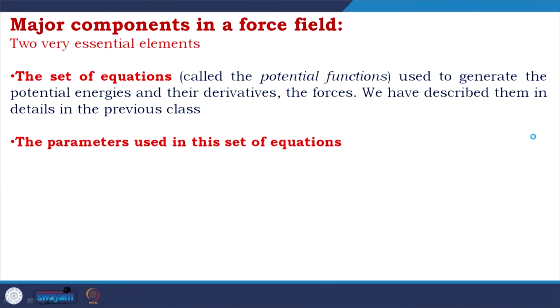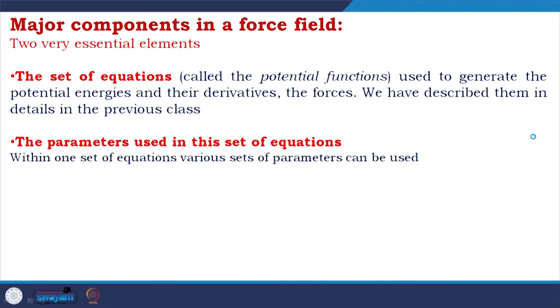They are the same, but their contribution factors, constants are changing according to the theory people have developed, and these are the parameters used in this set of equations. Within one set of equations, various sets of parameters could be used. What are they?